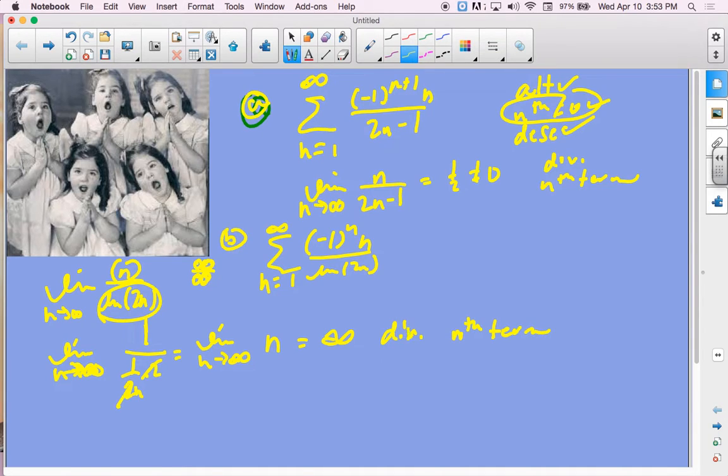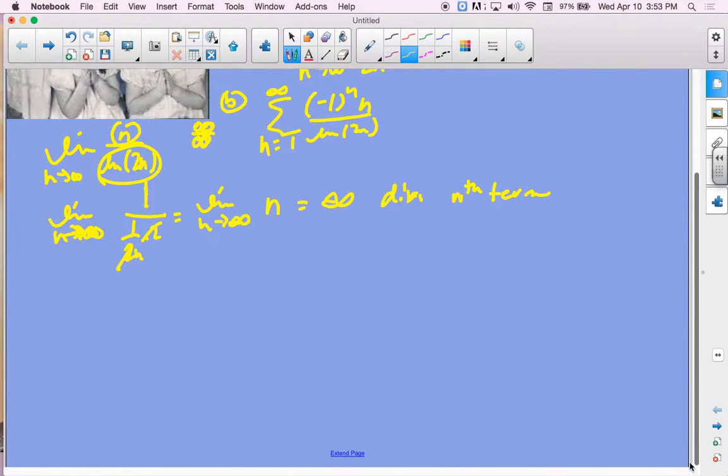So far I haven't even gotten to use the alternating series test. On C, and this one's super important, I have cosine n pi over n. If you don't understand a series, or even if you do, it's always a good idea to write out a few terms. So I'm just going to see what's happening here when I fill in 1, because this looks really weird.